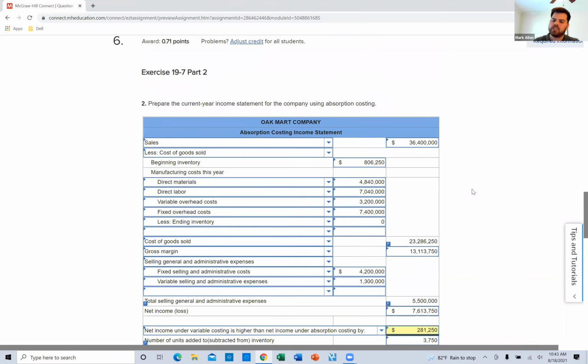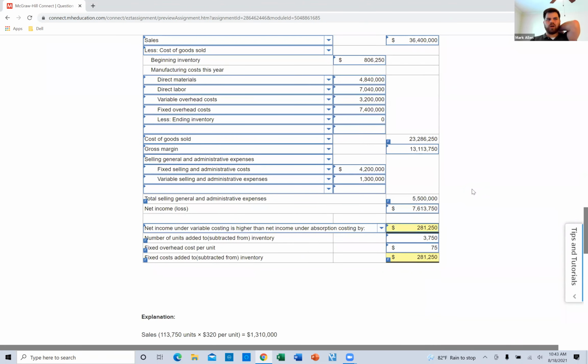But now the question is, well, what explains that difference? So the difference is 281,250. You get that by just punching the two numbers in the calculator. But the explanation is the difference, right? Originally, we had 3,750 units in inventory. Now we've got nothing.